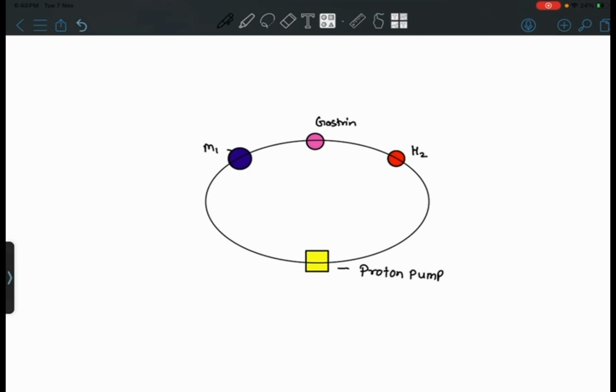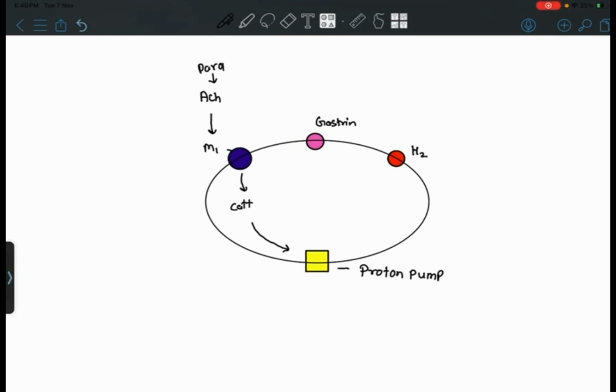If we see the working of the parietal cell, the parasympathetic system secretes acetylcholine which activates the M1 receptor, and then the M1 receptor increases the intracellular calcium which stimulates this proton pump.